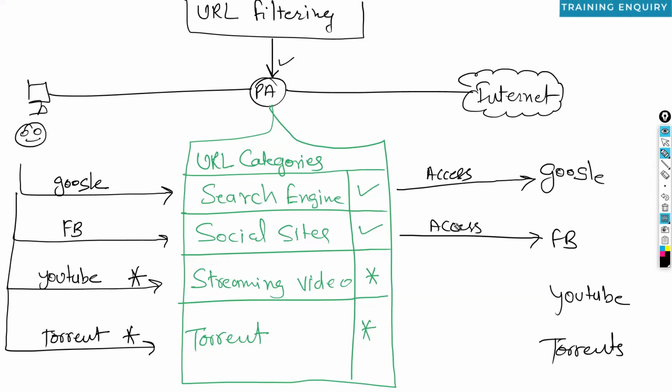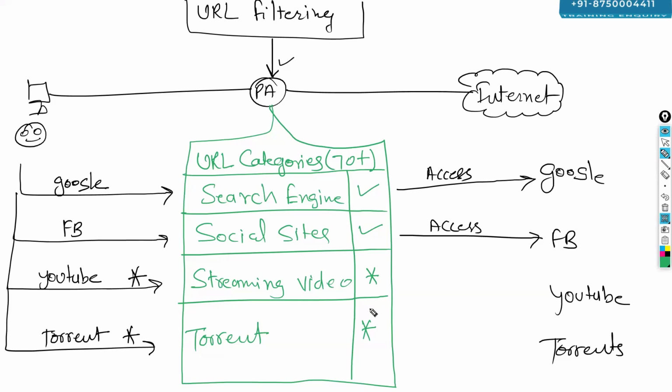in our organization. On Palo Alto Firewall, we have total 70 plus categories available, and with the help of those categories, we can configure which category is allow and which category is deny.